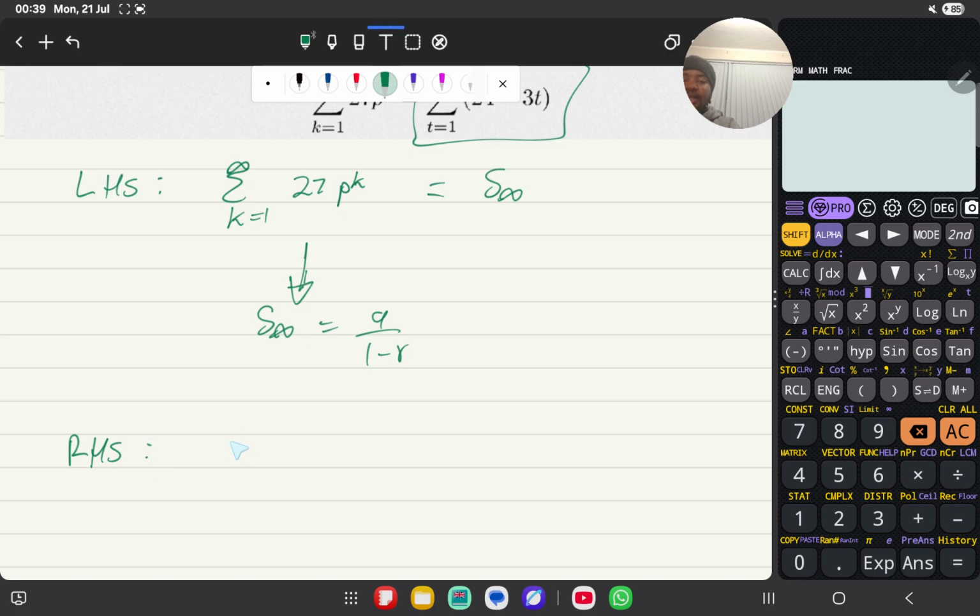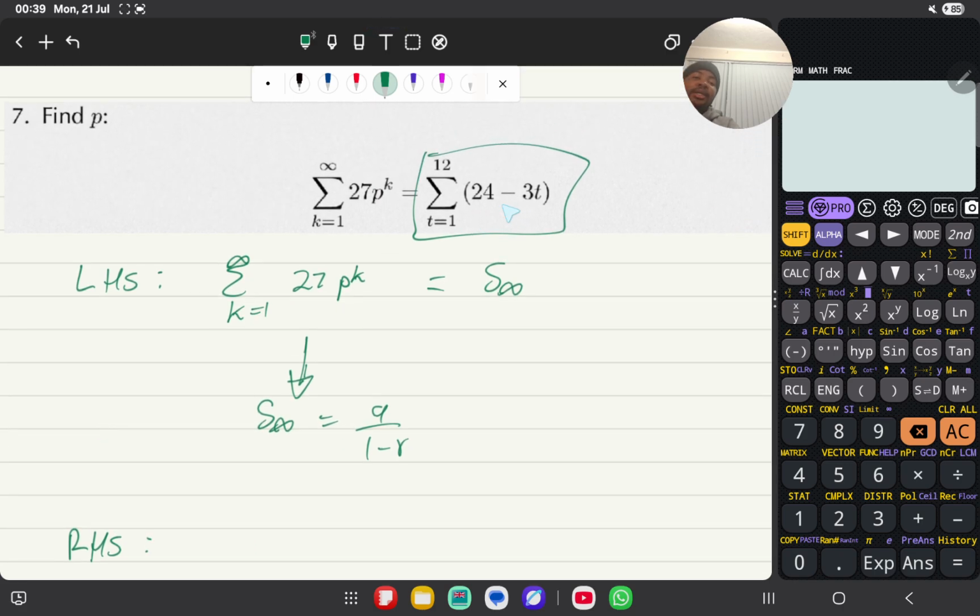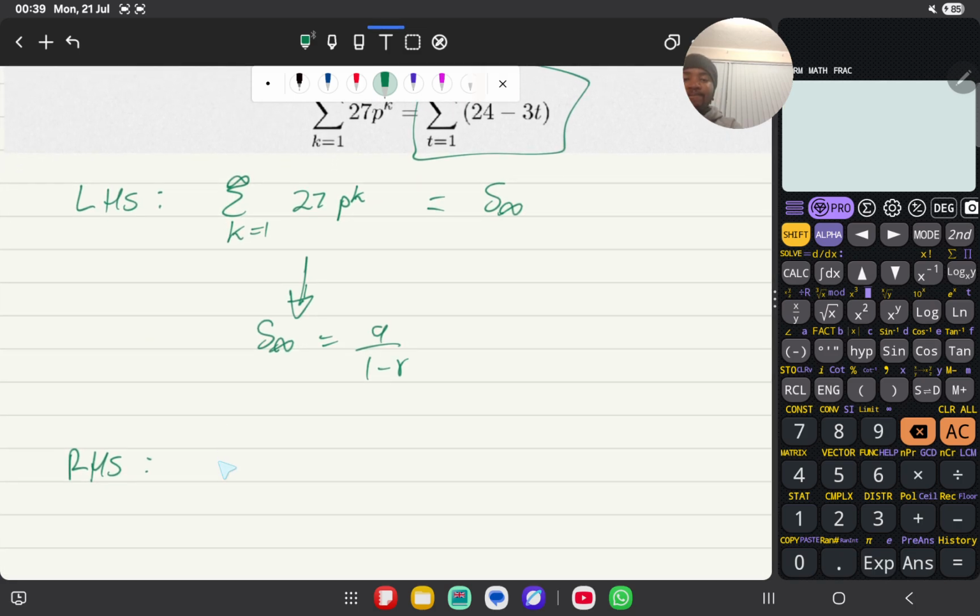So the right hand side, you have that sum. Before I write that sum, I want to focus on 24 minus 3t. This is an arithmetic sequence.